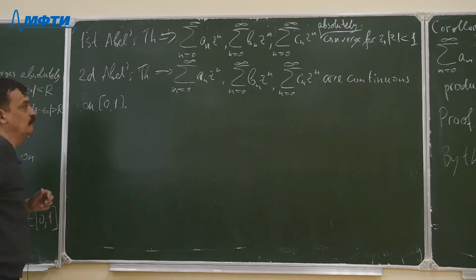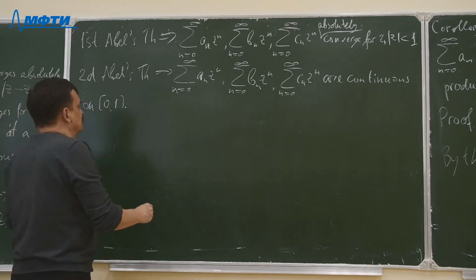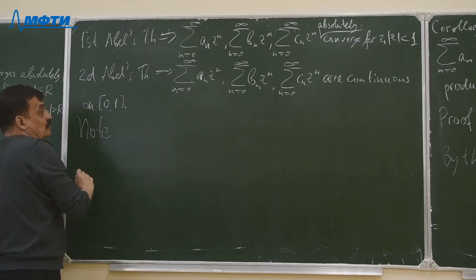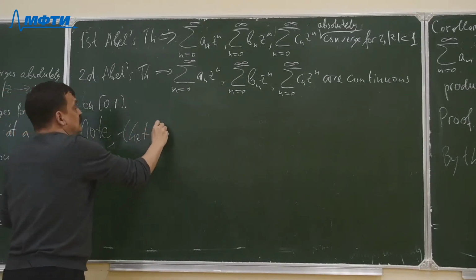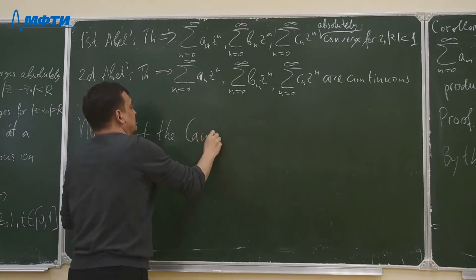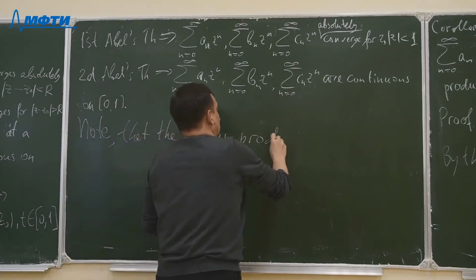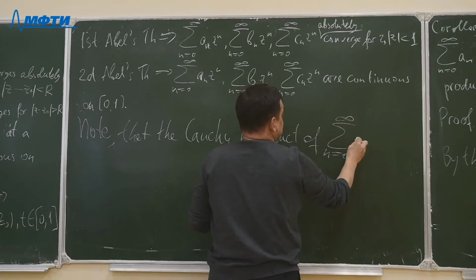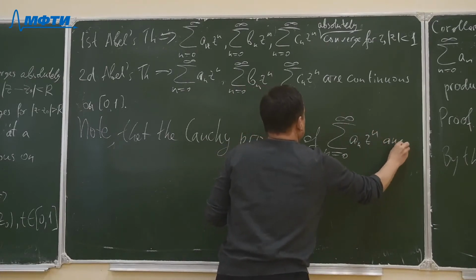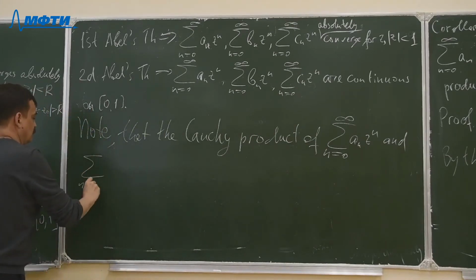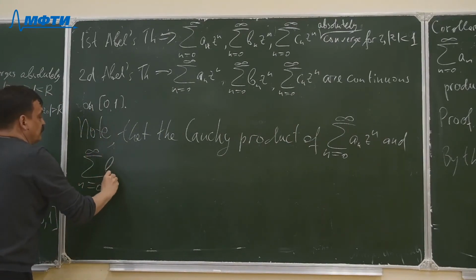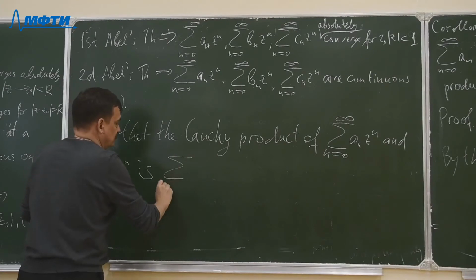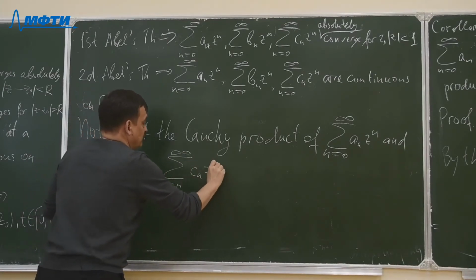Now we need to understand, observe, note that the Cauchy product of the power series a_n z^n and b_n z^n is precisely our series, our third series.